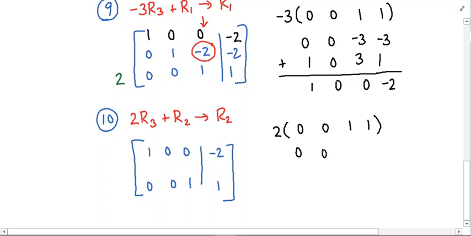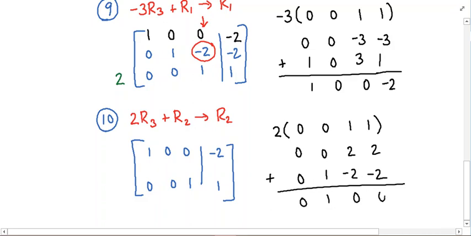So we're going to get 0, 0, 2, 2. Add row 2 back to it. So go back to the previous matrix, write down row 2. Now add. We're going to get 0 plus 0, 0 plus 1, 2 plus -2, 2 plus -2. Here is your new second row.